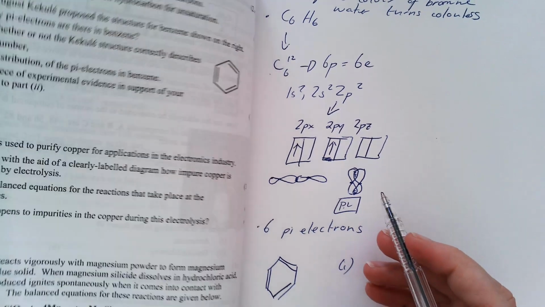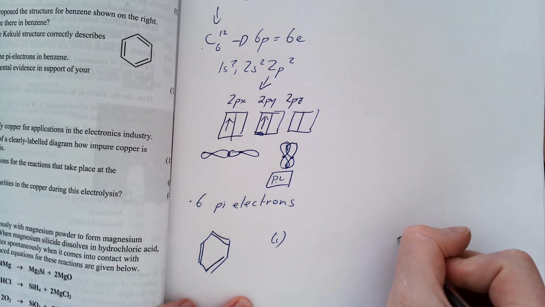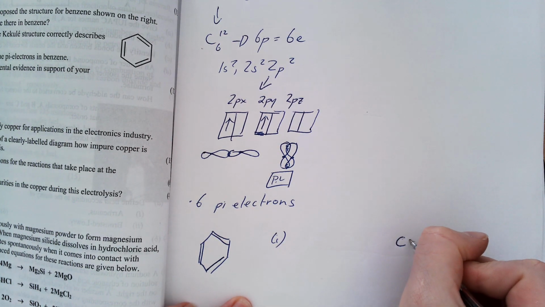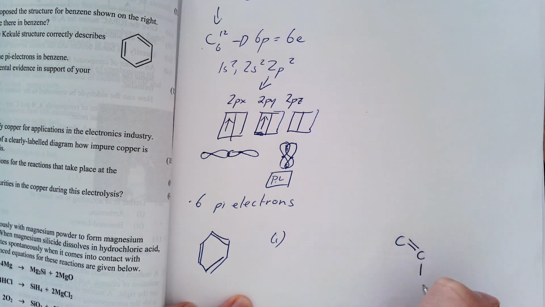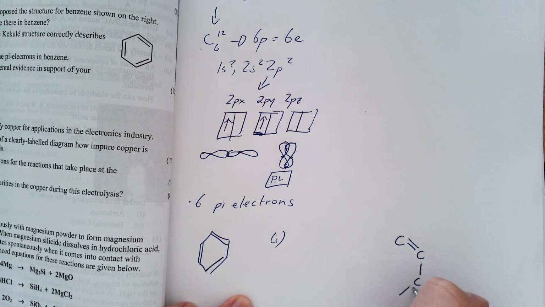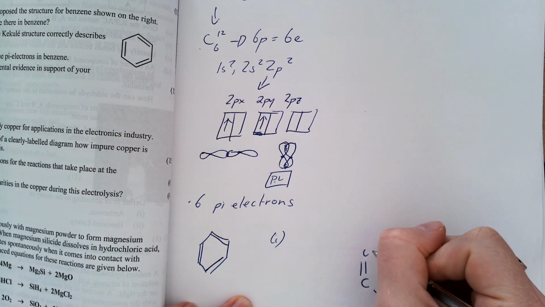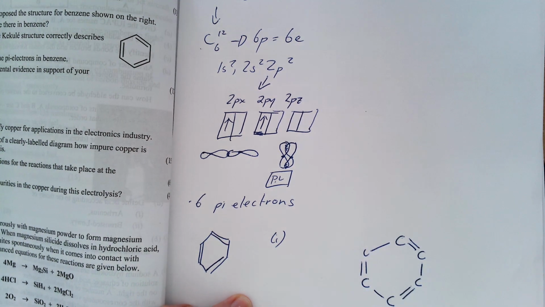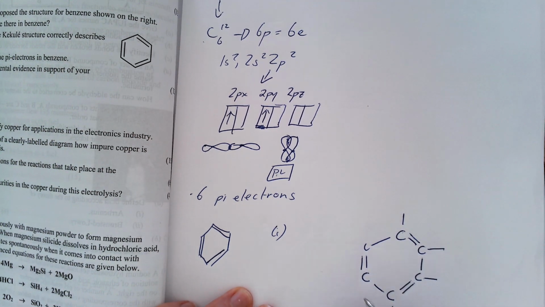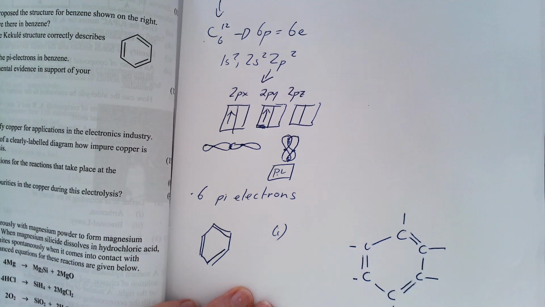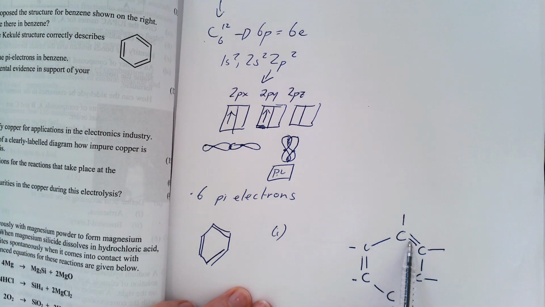If I was to draw this out, one carbon double bonded to another carbon, single bonded to another carbon, double bonded to another carbon, single bonded to another carbon, double bonded to a carbon, single bonded to another carbon. And remember, H6, so each one of these has 1 hydrogen coming off it. If I look, each of these carbons has 4 bonds.